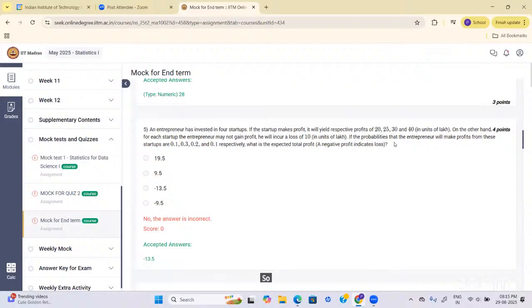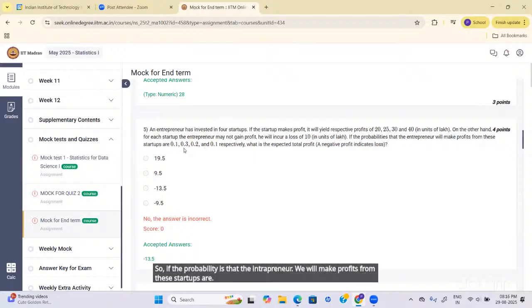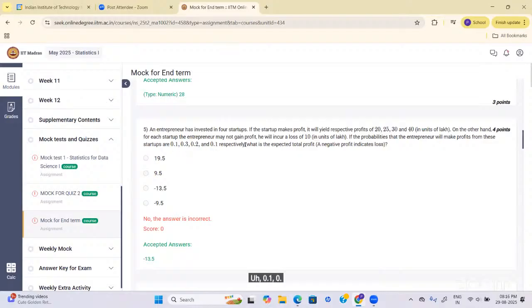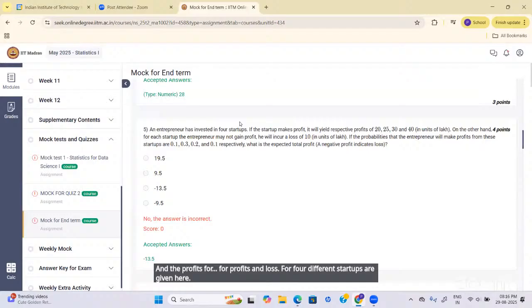If the probabilities that the entrepreneur will make profits from these startups are 0.1, 0.3, 0.2, and 0.1 respectively, what is the expected total profit? A negative profit indicates loss. So we have to calculate the total profit, and the profits and losses for the 4 different startups are given here. So how can we solve this question?